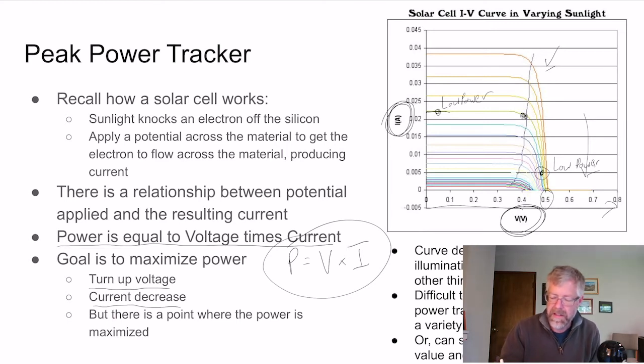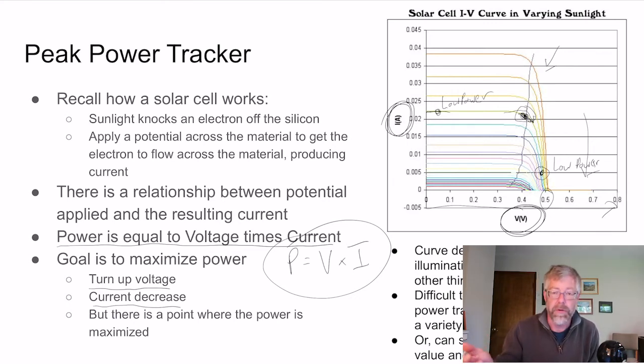It is in this region here where your power is actually peak. So the peak power tracker goes up to the point where the current starts to decrease, and then it goes back and forth in this region until it finds the peak power.